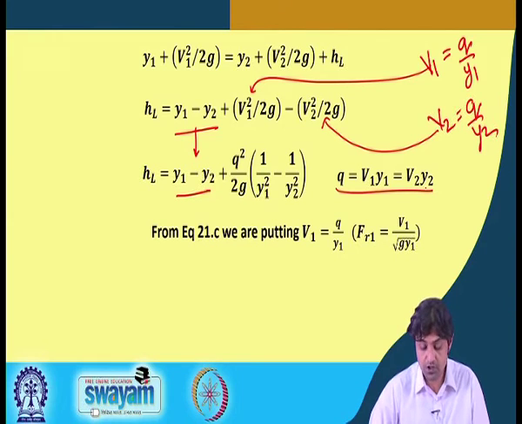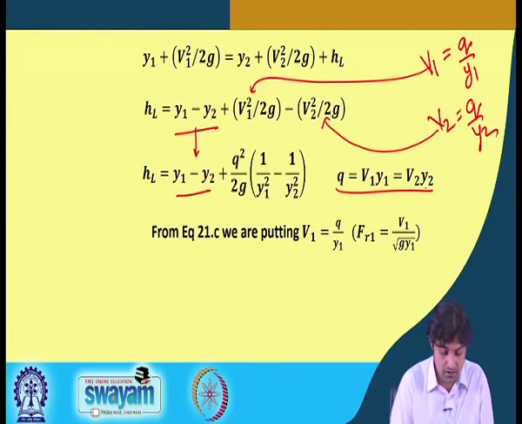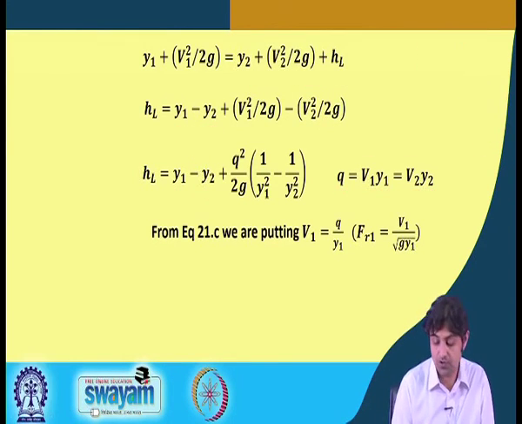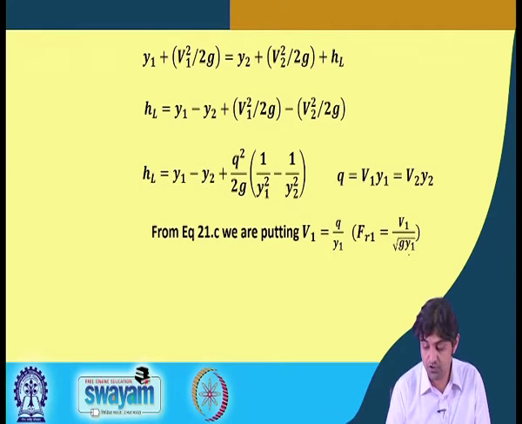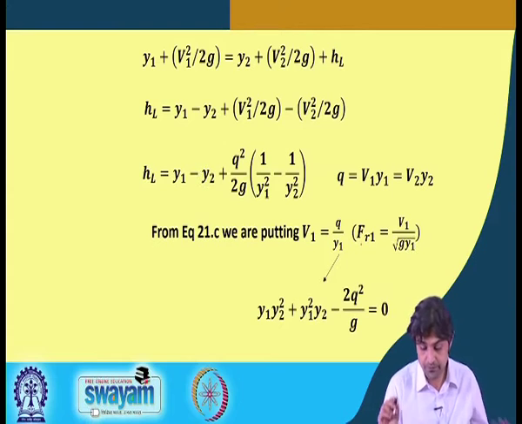So, you remember the equation, we are putting V1 is equal to Q by Y1. Froude number 1 is V1 by under root G Y1.